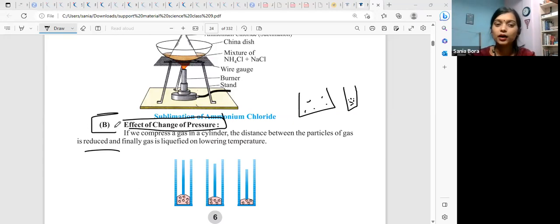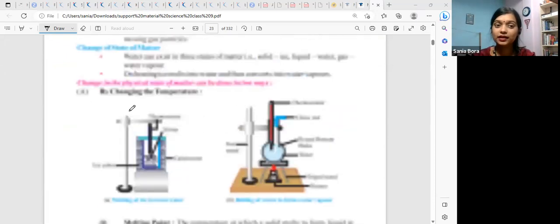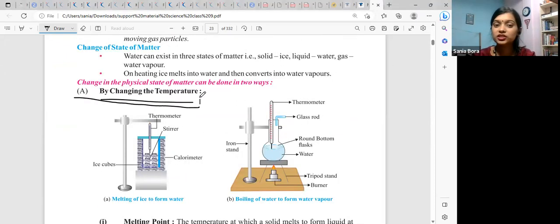You have written this B, effect of change of pressure. Is there any A? In the previous class we did the A by changing temperature.